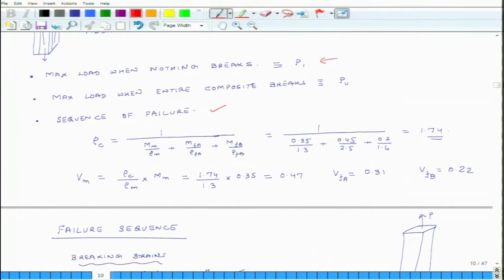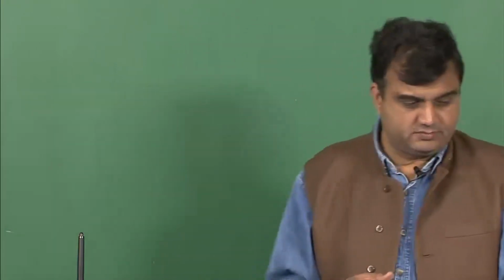We calculated 422 kilonewtons, and the maximum load when the entire composite breaks is 460 kilonewtons. So, the point I am trying to make is that when we do analysis of cracks and failures in composites, it requires a little bit more thinking and being more aware of the physical processes which are happening, and using that understanding we can predict failures of different components of the material.